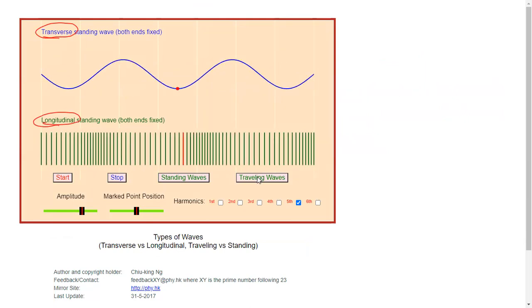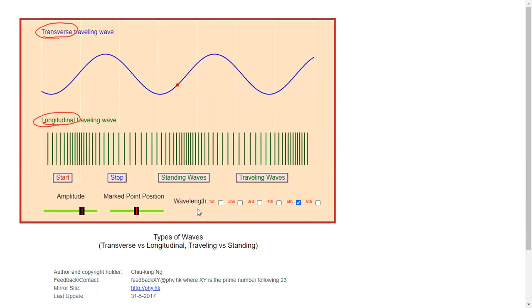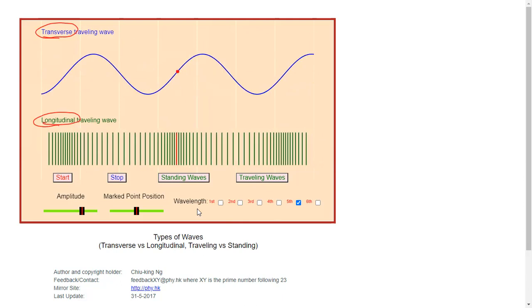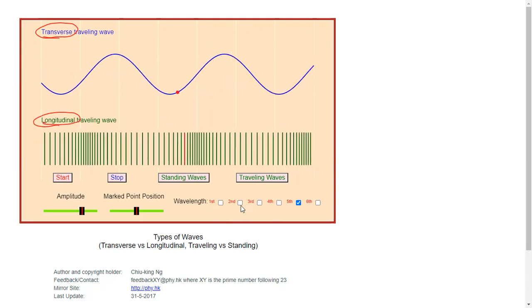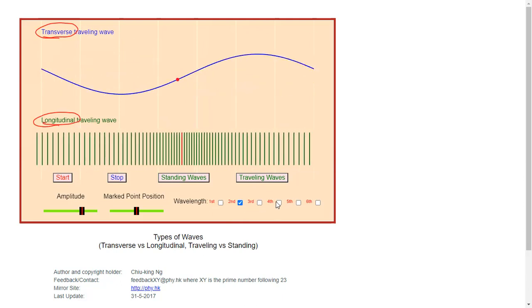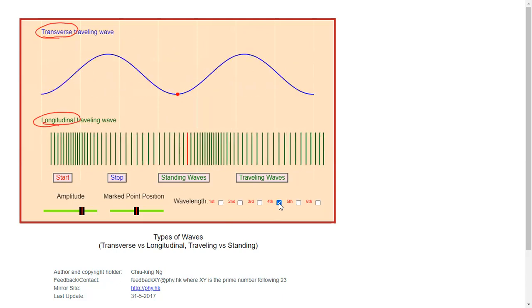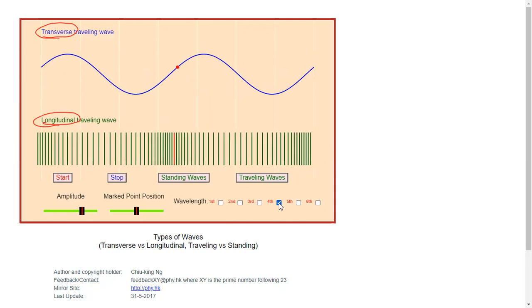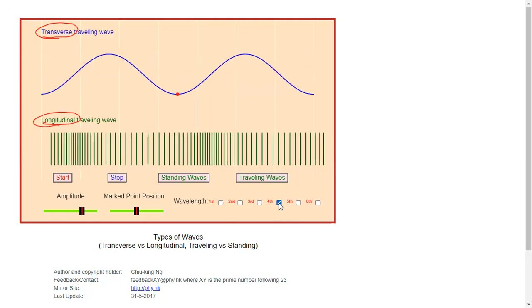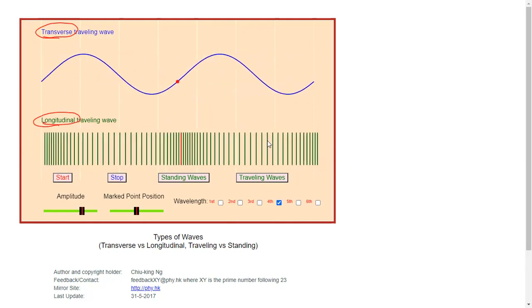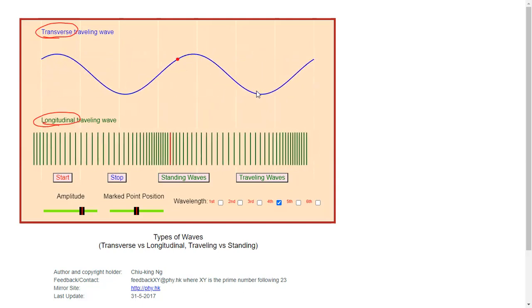Let's make them traveling waves. So we've got transverse waves at the top and longitudinal waves at the bottom. Those are different types of waves. What's different about them, apart from the way they look?